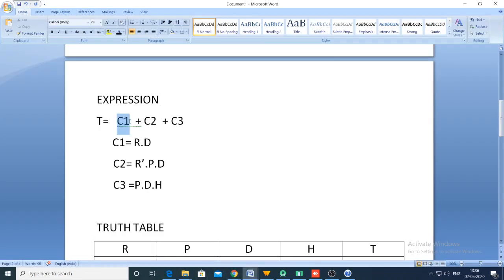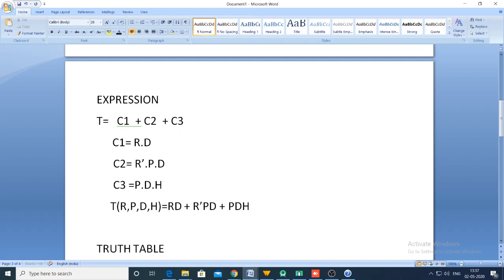The whole expression is T of R, P, D, H equal to RD plus R bar PD plus PDH. This is the Boolean expression, and this is how we have to derive it.